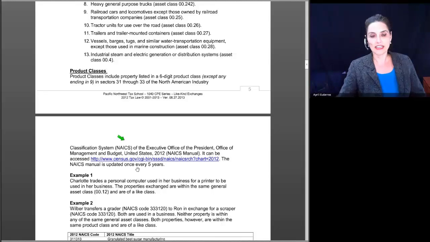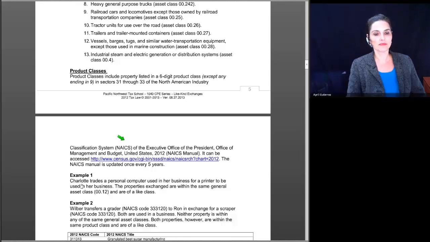And there's actually a link that I put in the manual here to their website. If you click on the link in the manual, it will take you to the page where you can access this directory. You can order a directory and pay money for it, or you can just access the content of the directory online for free. So it will download to your computer in the form of an Excel file.